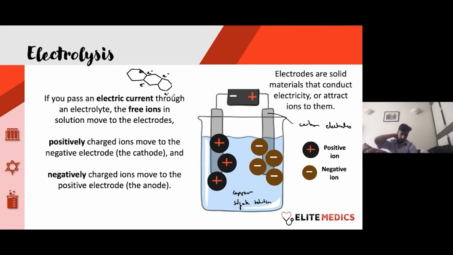Okay. So, why do we use these? Firstly, they're good electrical conductors. Secondly, they're unreactive, meaning they will not react with the solution, and they're unlikely to lose or gain electrons themselves. So the carbon actually won't become reduced or oxidized.